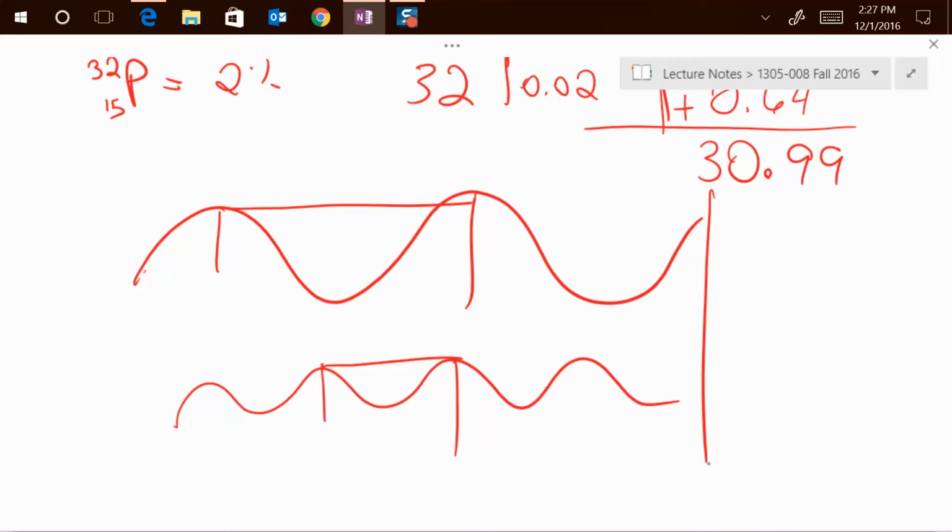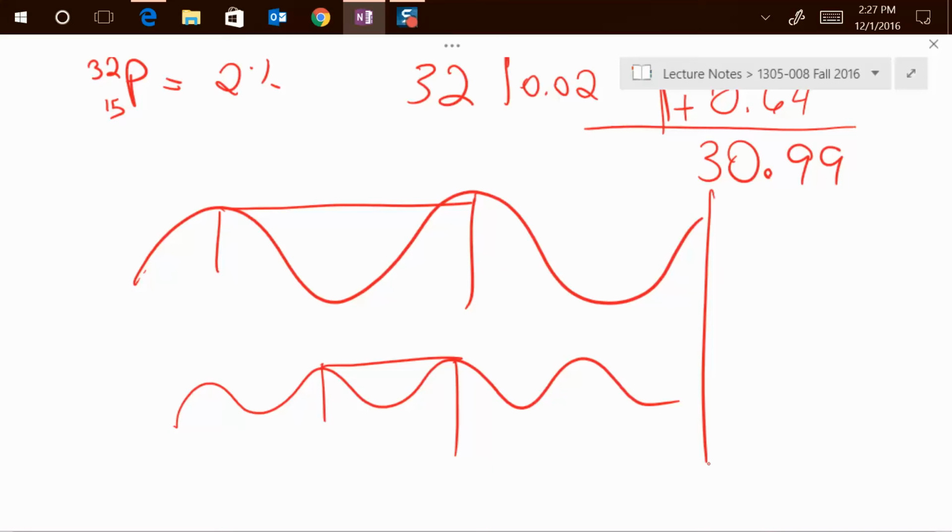The smaller the wavelength, the higher the frequency, the higher the energy. The bigger the wavelength, the lower the energy. So radio waves have very low energy. So we broadcast them all over the place. We don't care. So those are the basic properties of waves.